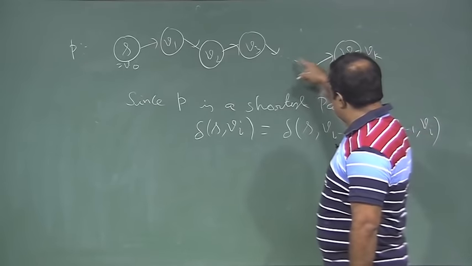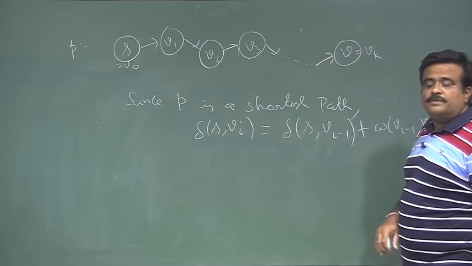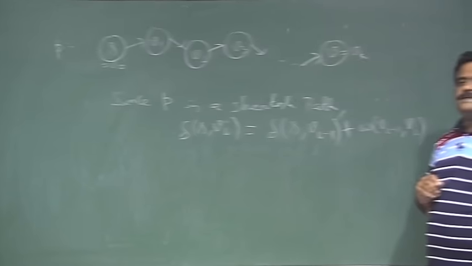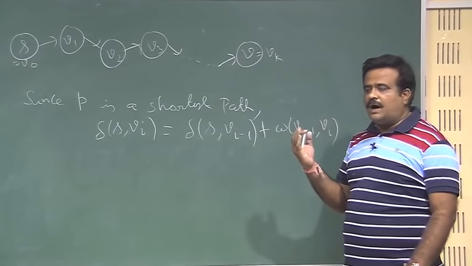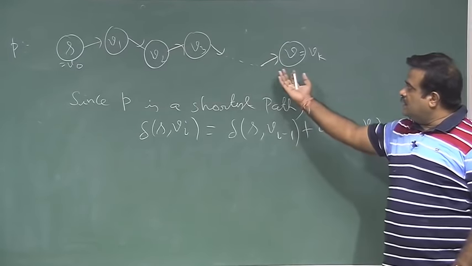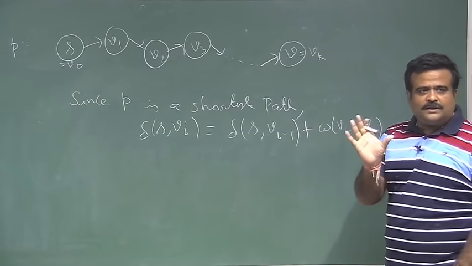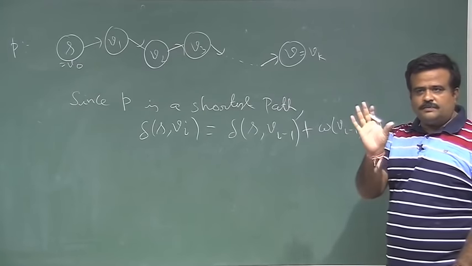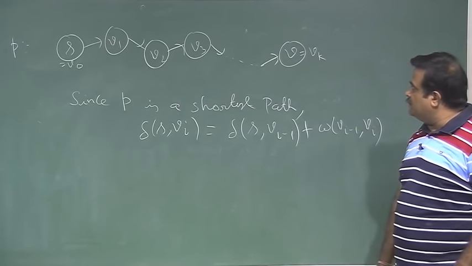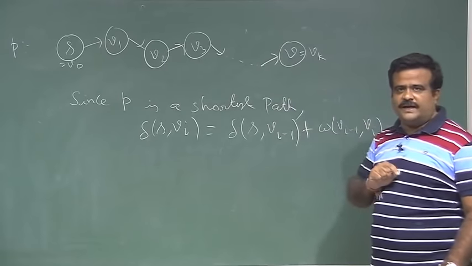If you take a vertex up to Vi, this is the optimal substructure property. In the last class we saw the optimal substructure property: if P is the shortest path of a graph, then any subpath will give the shortest path to those vertices up to that point.